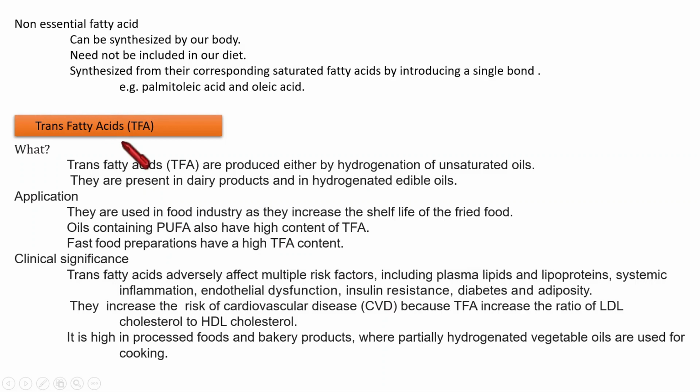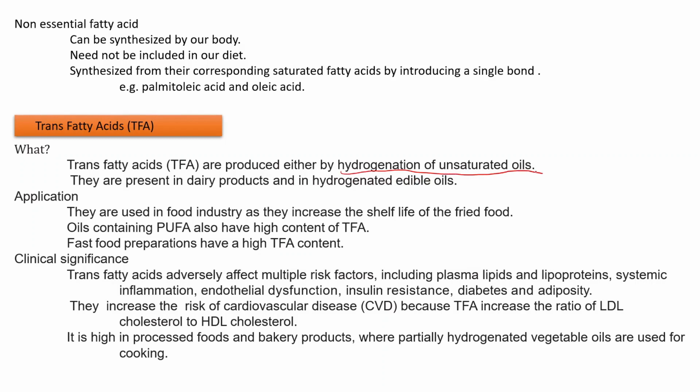As we have learned about unsaturated fatty acids, it is very important to understand trans fatty acids. What are trans fatty acids? They are a particular type of fatty acids produced because of hydrogenation of unsaturated oils.